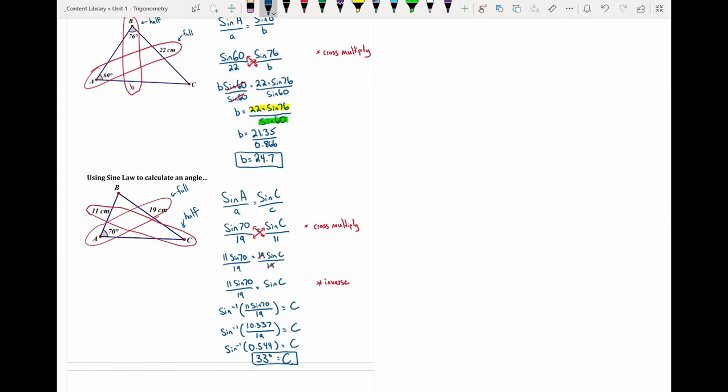When you're finding the angle, remember your last step, you should be doing the inverse of your trig function, so it's the inverse of sine, and then you should be calculating for C. Finding a side length, you just have to do the cross multiply and then start solving. But again, the steps are going to be the same every time you have to use the sine law. Using it to find a side length, it's always going to be the same steps. Same when you're trying to find an angle, same steps. Key thing is just figuring out what your pairs are and where the information is.